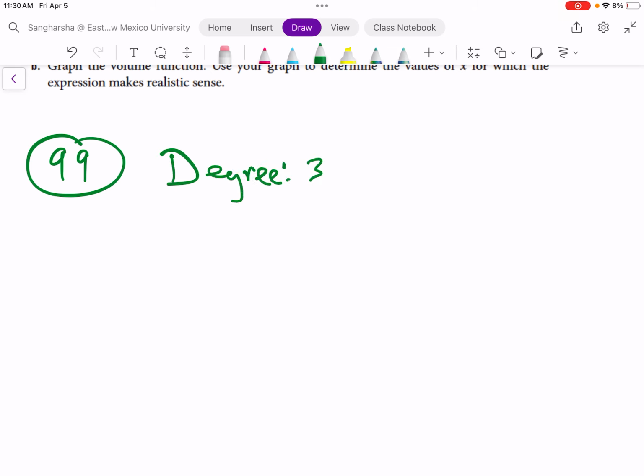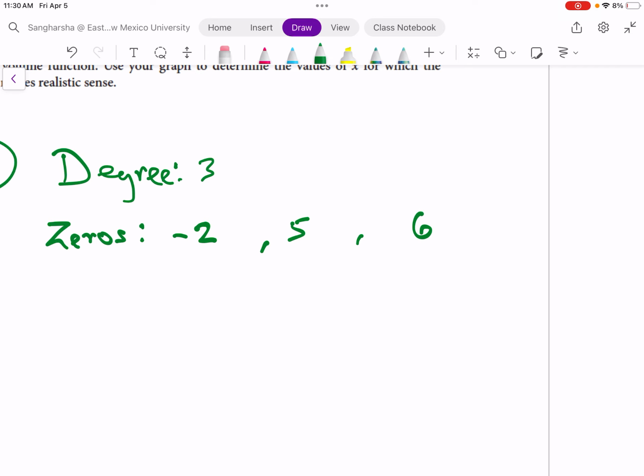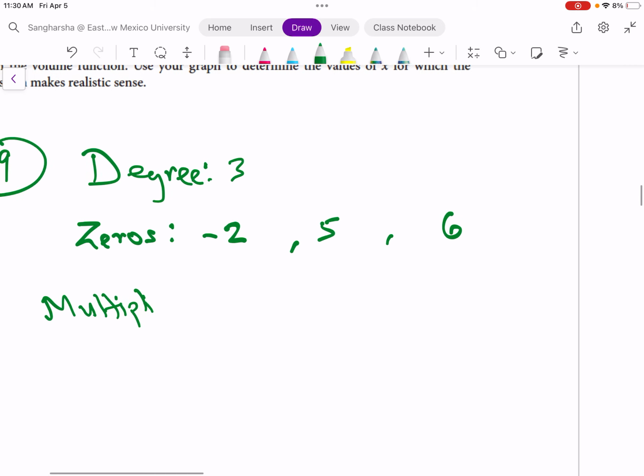Zeros are negative 2, 5, 6, and each with multiplicity 1. Multiplicity is 1 for each zero. This is given to us, and we are asked to find a polynomial function. Now we need to find the polynomial function.